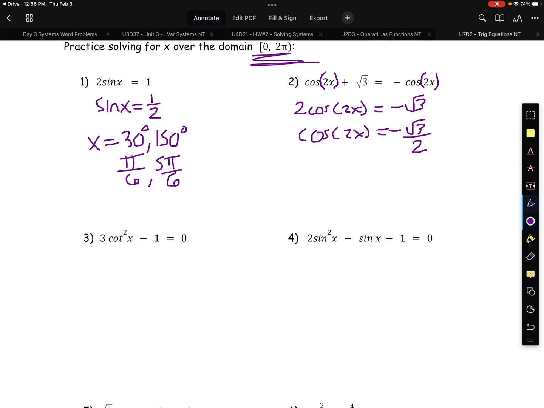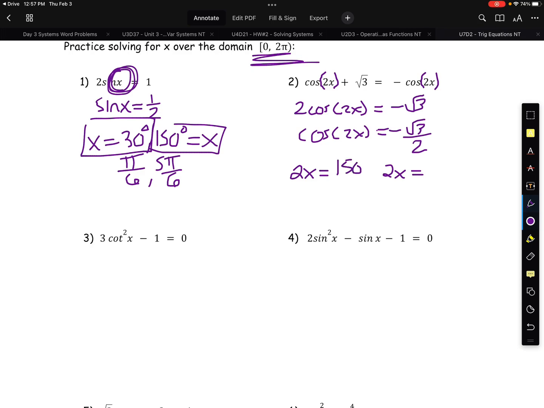Before, we wrote x equals 150, x equals 30, because this problem had x alone. This is 2x. So really, we're talking about 2x equals. Well, if we have negative rad 3 over 2 for cos, we're talking about 150 degrees and 210 degrees.